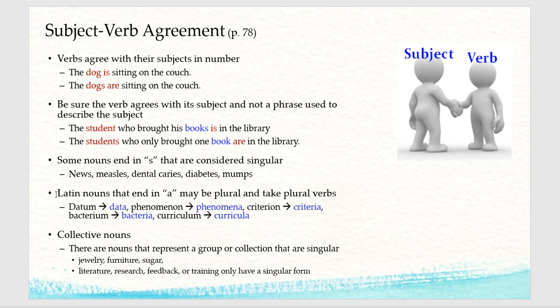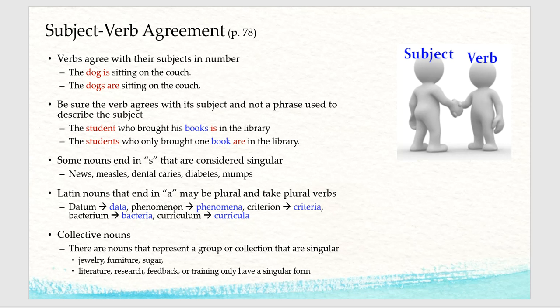Some nouns end in S that are considered singular, like news, measles, dental caries, diabetes, and mumps. So be careful for those. And then look out for the Latin words. There is kind of a formula that they follow. Usually UM is singular and words that end with A are plural.